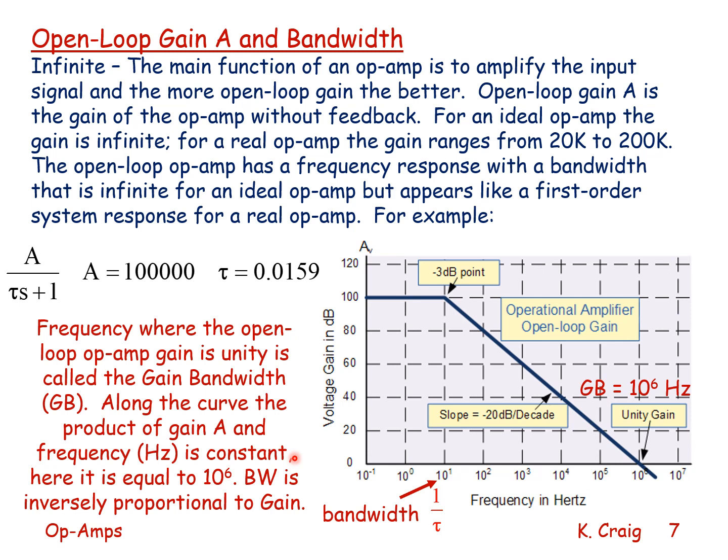Here it is equal to 10 to the sixth. So at any point, the gain and the frequency multiplied together give us 10 to the sixth. Bandwidth is inversely proportional to gain. And the slope of this line we see for a first order system is minus 20 dB per decade, where a decade is a 10 to 1 frequency change.